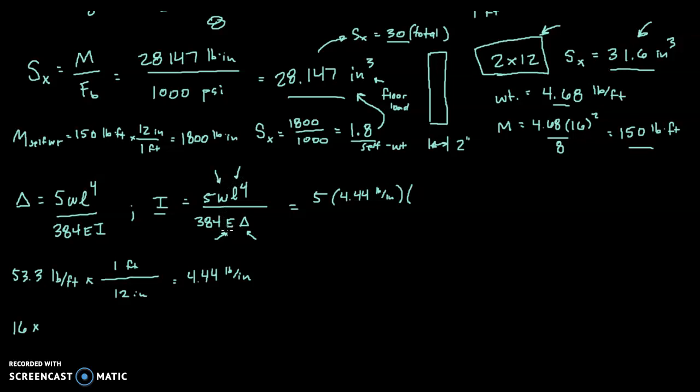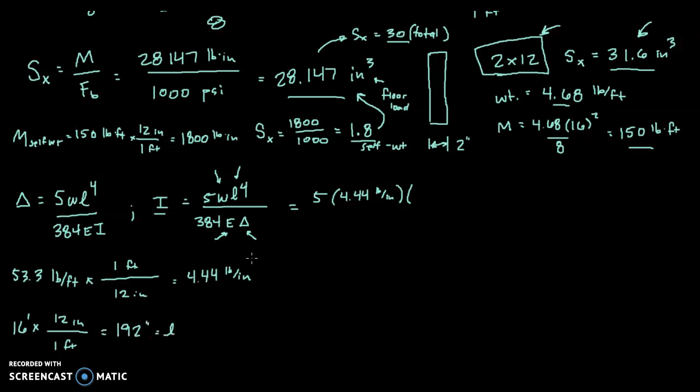Alternatively, we could convert modulus of elasticity and deflection into feet, but that doesn't make as much sense to me. It's easier to convert these linear units up top. So 16 feet is the span length, and for every 1 foot there are 12 inches, so 16 times 12 is 192 inches.